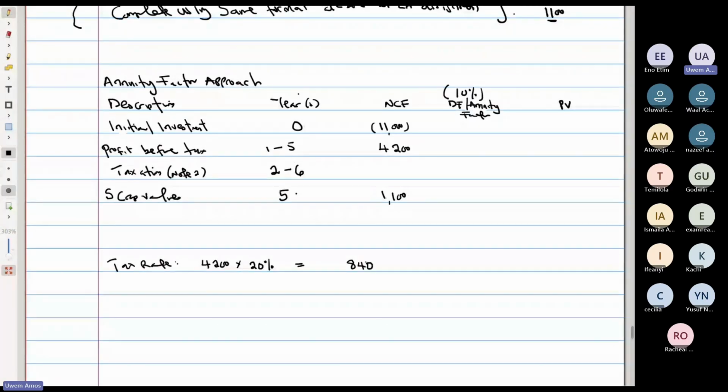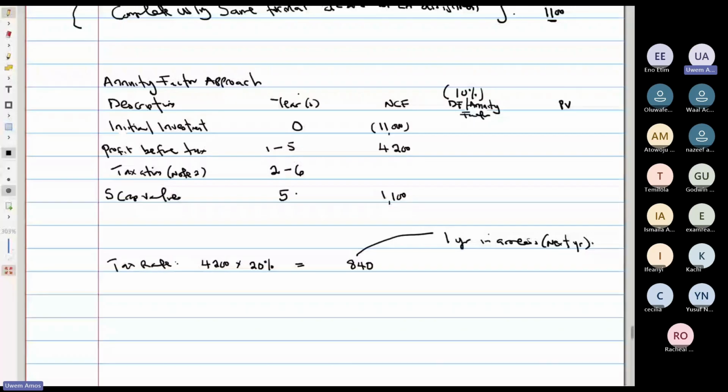Now pay attention to this very important tip. Now the 840 is payable 1 year in arrears, which is the following year. We're interested in the value in current price terms, the value as of now.